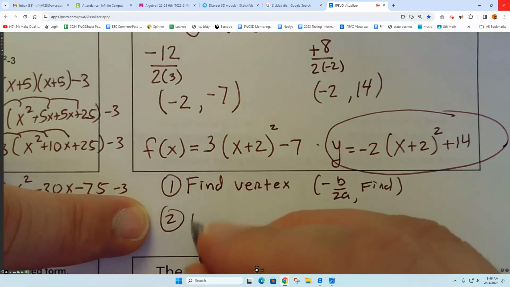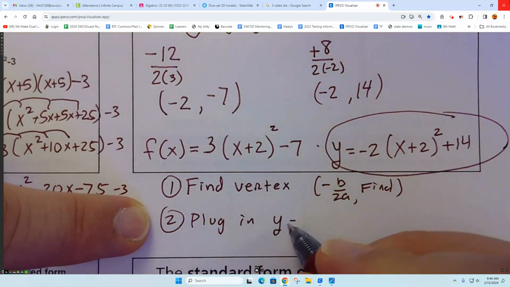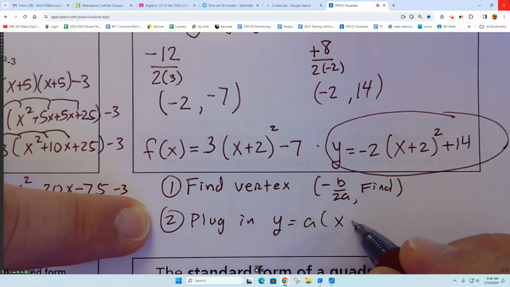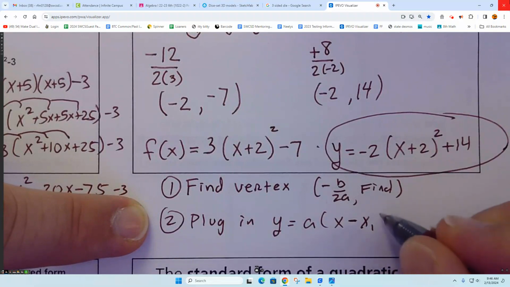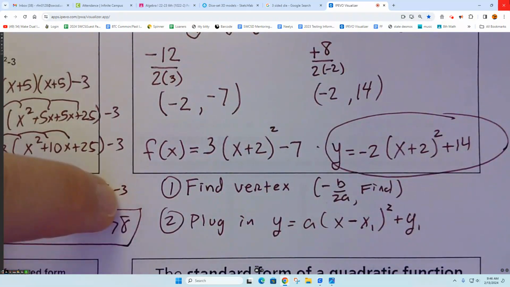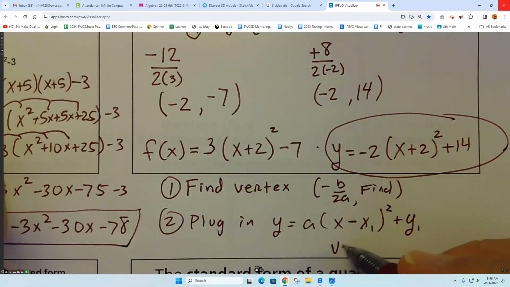Step 2 is to plug in y equals a, x minus, and they use a different letter, but I kind of like the idea of using x1 squared plus y1. When you put the subscript on here, you're kind of saying that that's an ordered pair. Here, I'll do this, vertex.